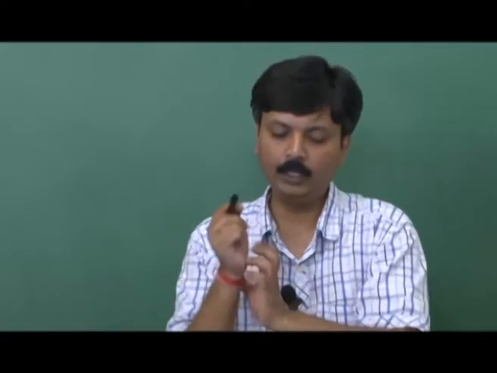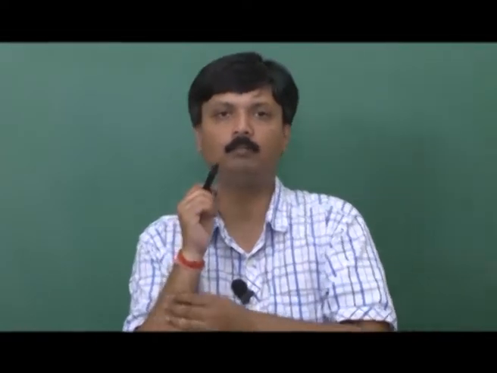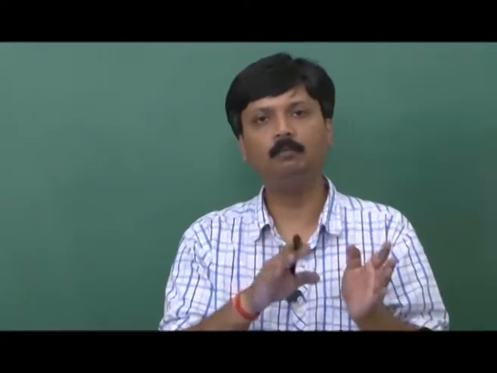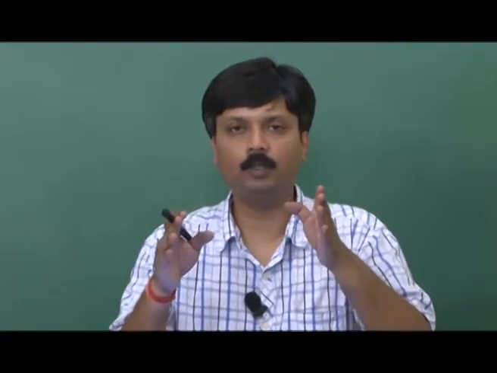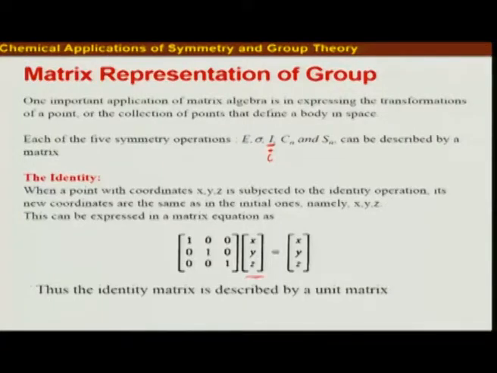So in order to have a matrix that will resemble this transformation, x, y, z is normally written in terms of a column vector. As you can see on your screen, to start with, I have an x, y, z column vector which denotes that particular point we are considering here, and then after doing the identity operation, my point remains x, y, z, which is also represented by a column vector.